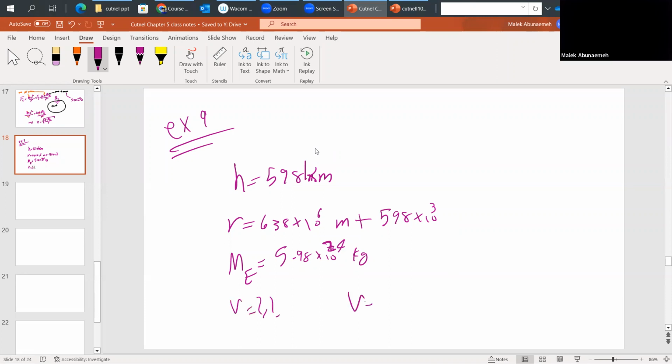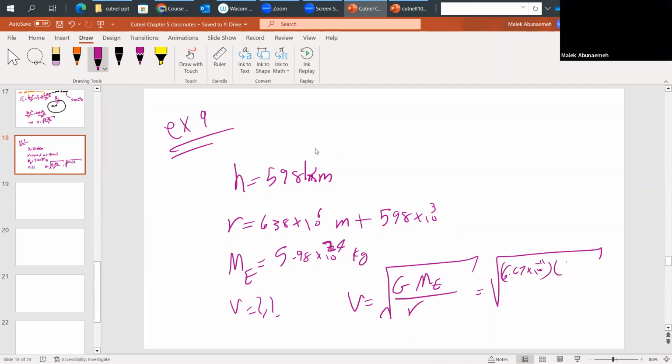You know your velocity is going to equal the square root of the gravitational constant times the mass of the Earth divided by the radius, which is going to equal 6.67 times 10 to the negative 11 times your mass of the Earth, 5.98 times 10 to the 24, divided by your 638 times 10 to the 6 plus your 598 times 10 to the 3.